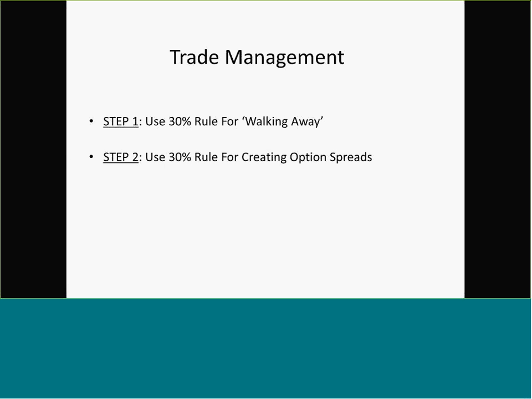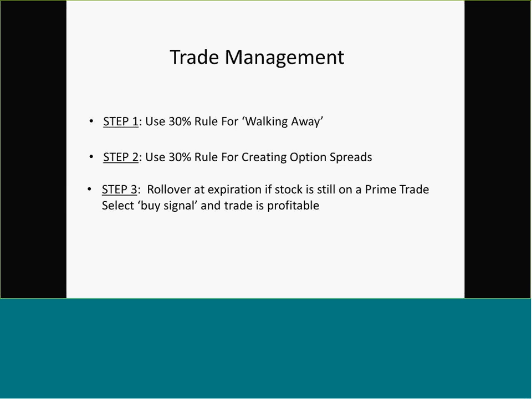Okay, and then we have another rule, what I call another 30% rule, and it's for creating option spreads. Basically, if we get a 30% or higher profit in our option, then we're going to look at creating an option spread. This is really important to help protect your profits.